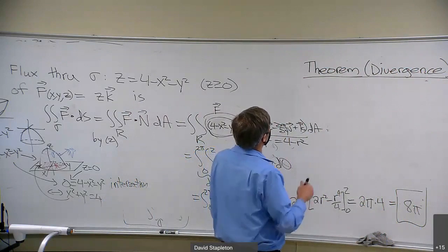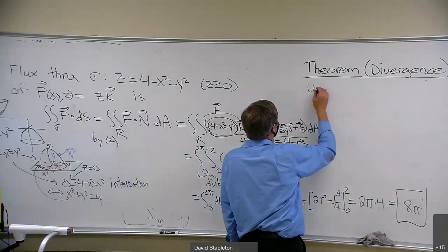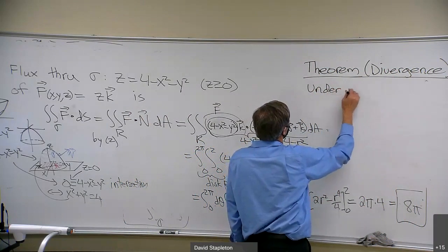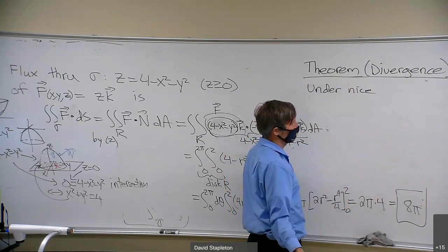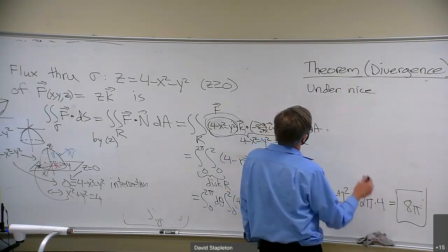The divergence theorem says that under nice conditions, meaning you have to have continuous partial derivatives of everything and a continuous integrand.